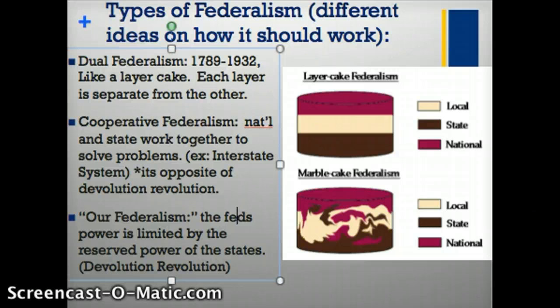That phenomenon of handing the states back power that was previously taken by the federal government is called Devolution Revolution. So we are going to devolve, which means reverse power from the national government and give it back to the states. That devolution revolution was pushed in the Nixon administration and also in the Ronald Reagan administration.